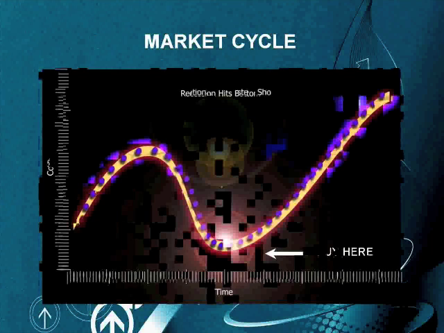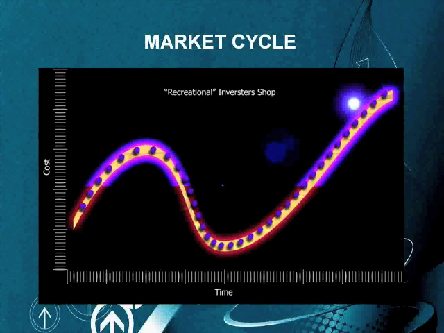And so the way that most recreational investors shop is they say, if everyone's buying, I want to buy. When everyone's selling, I want to sell. And that's the opposite of the way that you make money. When everyone's selling, you want to buy. And when everyone's buying, you consider selling, right?